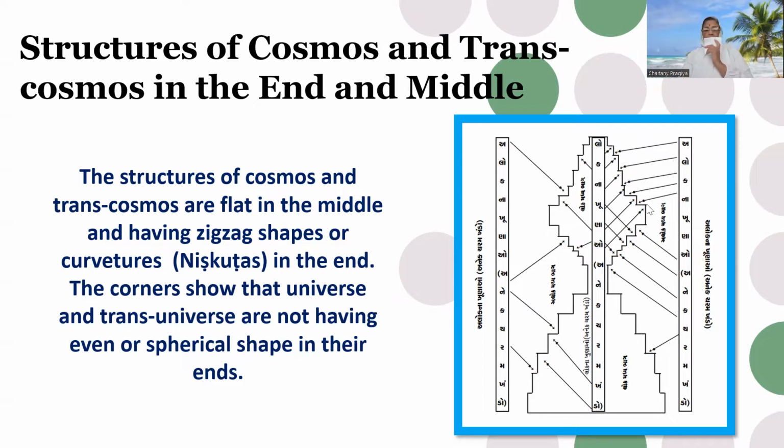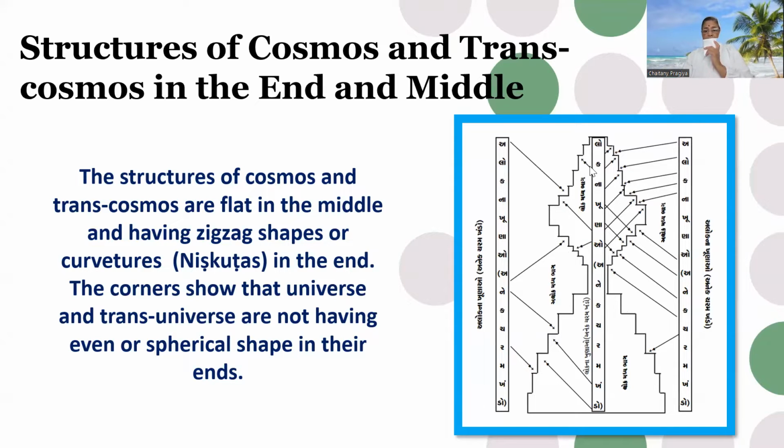We find that the universe looks like this shape, and it has a zigzag type of structure in the end. All these ending parts are uneven. They are not in an even shape, or circular shape, or very smooth shape.